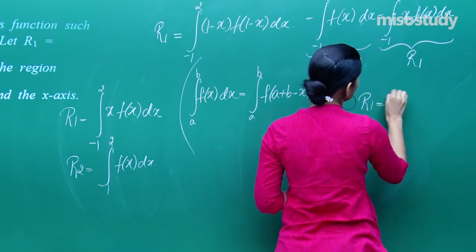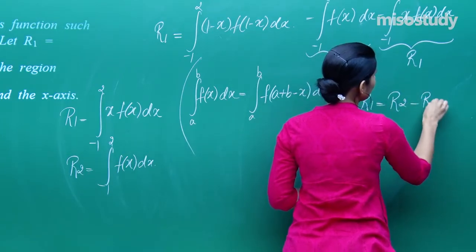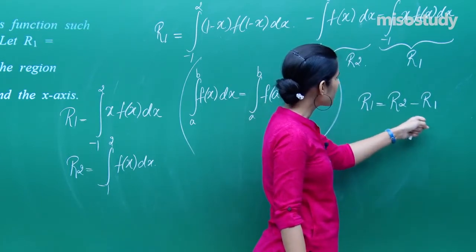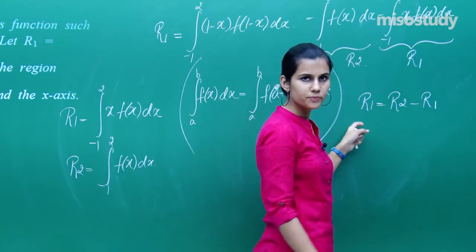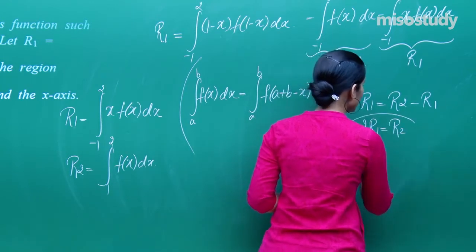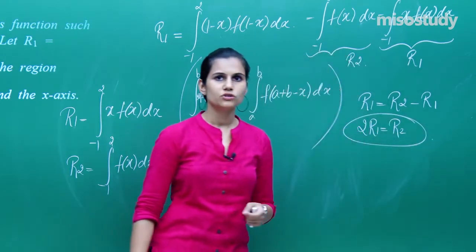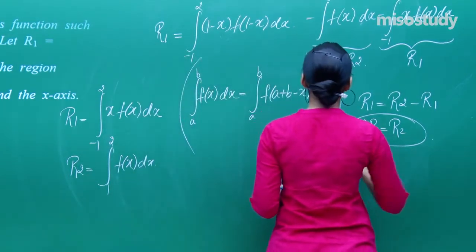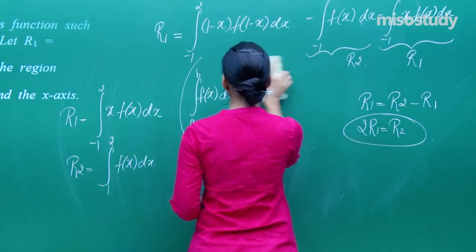You are getting R1 is equal to R2 minus R1. That means twice of R1 is R2. This is the relation which is going to be true when you consider this question.